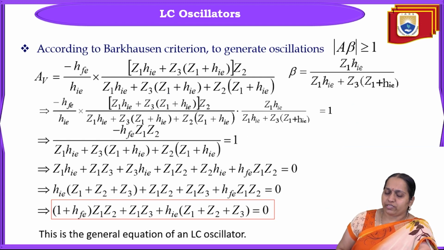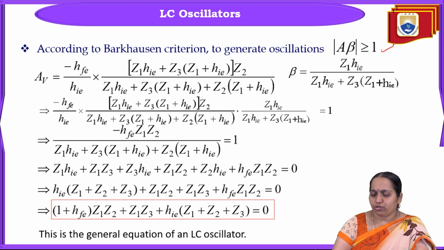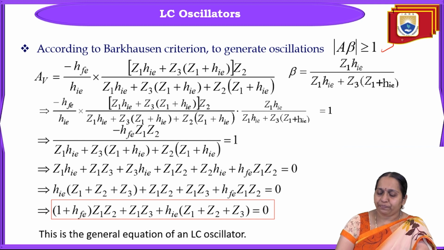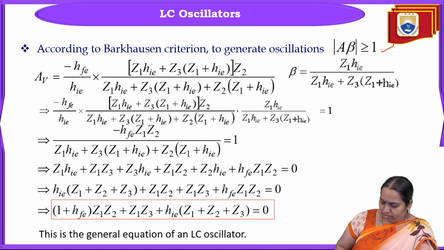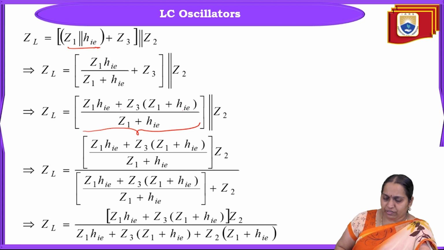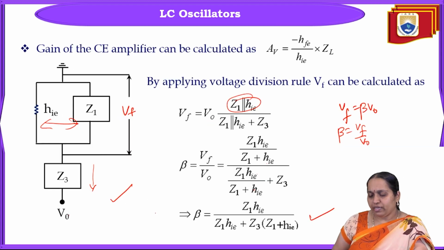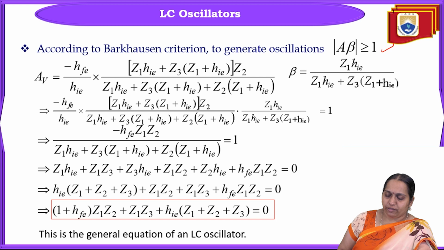So according to Barkhausen criterion, to generate oscillations, the modulus of A beta should be greater than or equal to 1. So A equals what? From the previous equation as we have derived, A equals minus hfe by hie into ZL.